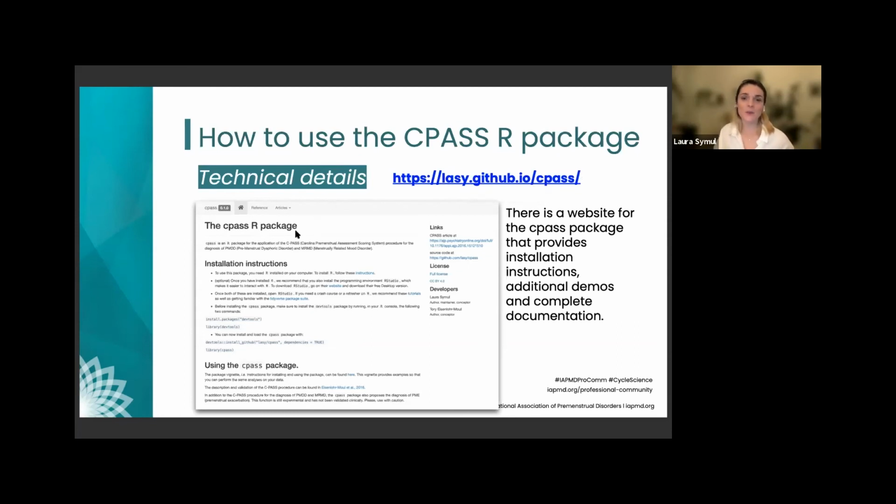And on this website, you'll find all the technical details that you need to be able to install R if you don't have R yet, to install RStudio if you don't have it yet, and to install the R CPASS package if you don't have it yet. And there are also a lot of instructions and demonstrations and a lot of documentation that's available there.